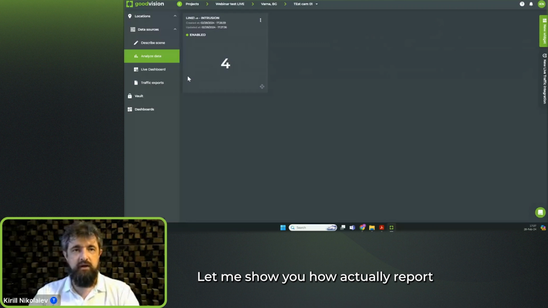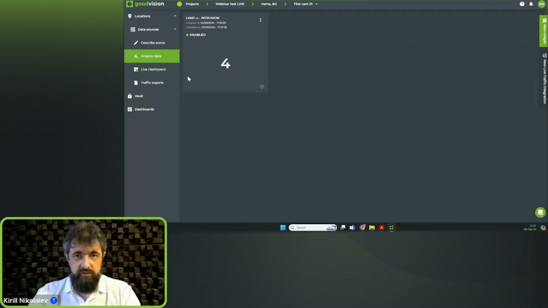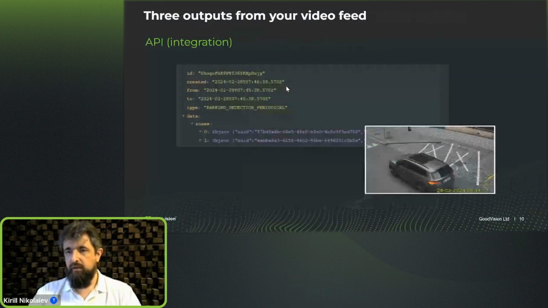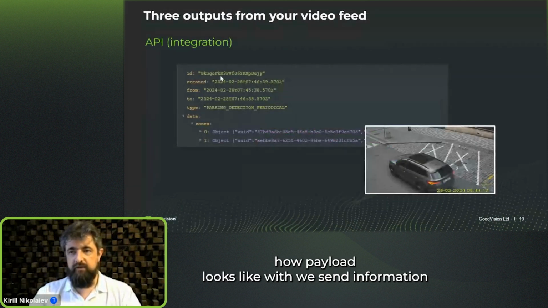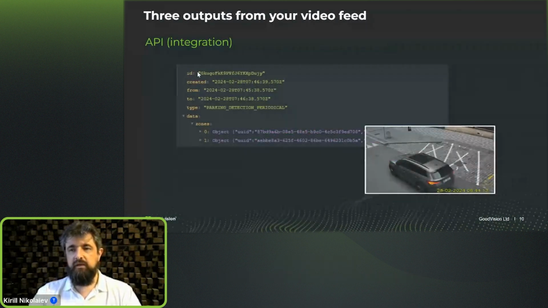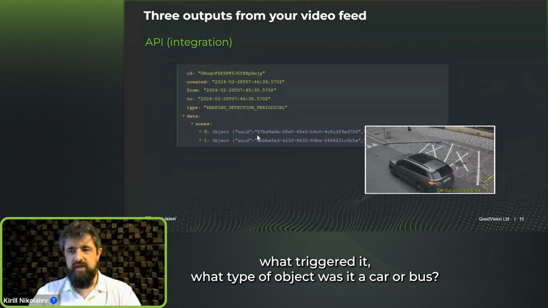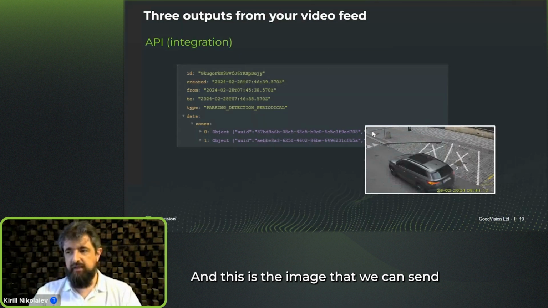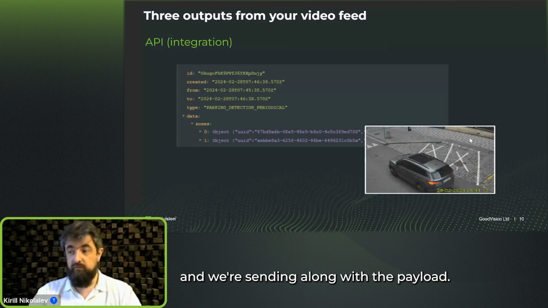Let me show you how actually report looks like. This is how payload looks like. We send information about when this event happened, what triggered it, what type of object, was it a car or a bus, how was it detected, what was the name of this event, and this is the image that we can send along with the payload.